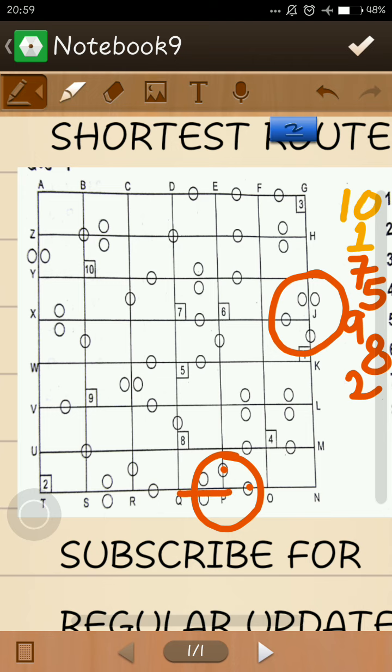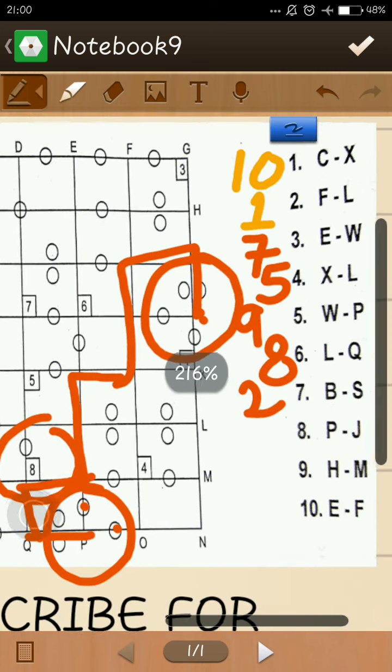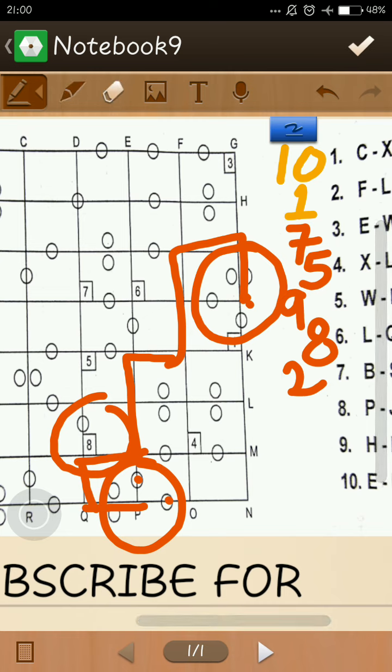So I will have to go this way and I will touch 8. In this way I can go from here. So I have reached the destination J, and I have touched one house, that is 8. So the correct answer for P to J is 8.